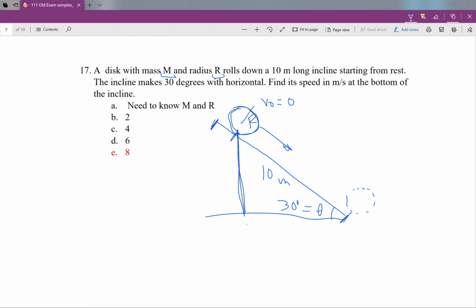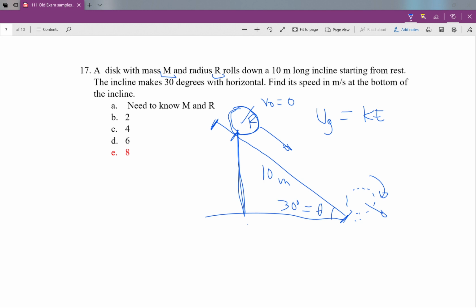So all of these things suggest using conservation of energy. So let's lay out the law of conservation of energy equation. We know that the initial energy will be only gravitational potential energy, UG, and the final energy will be kinetic energy, because it will be moving linearly, but it will also be rotating.